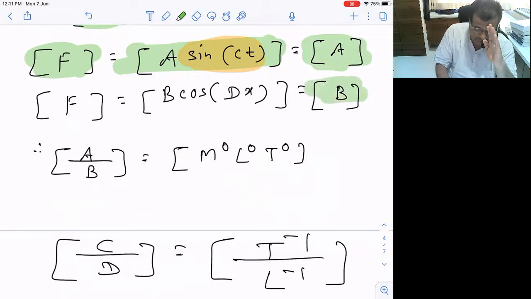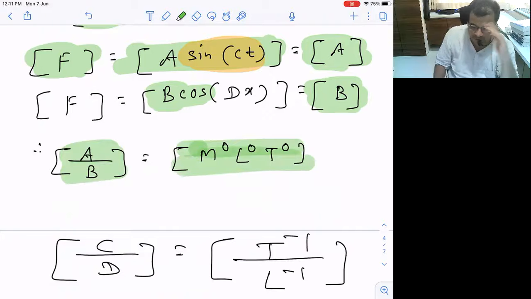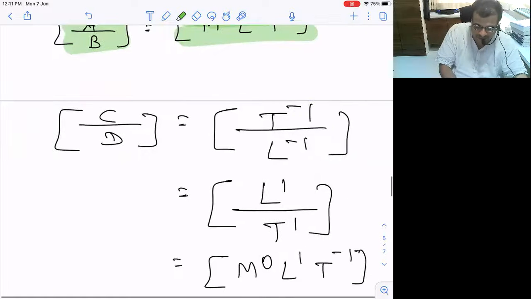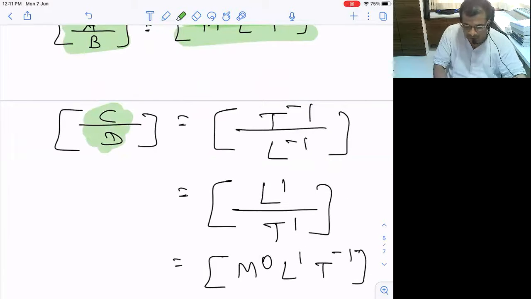So the dimensions of A and the dimensions of B, with this particular logic, must be the same. So see, the dimensions of A by B should be 0, 0, 0, because both physical quantities are equal to force. Agreed? Whereas if we want the dimensions of C by D, the dimension of C came as T to the power -1 and that of D came as L to the power -1.